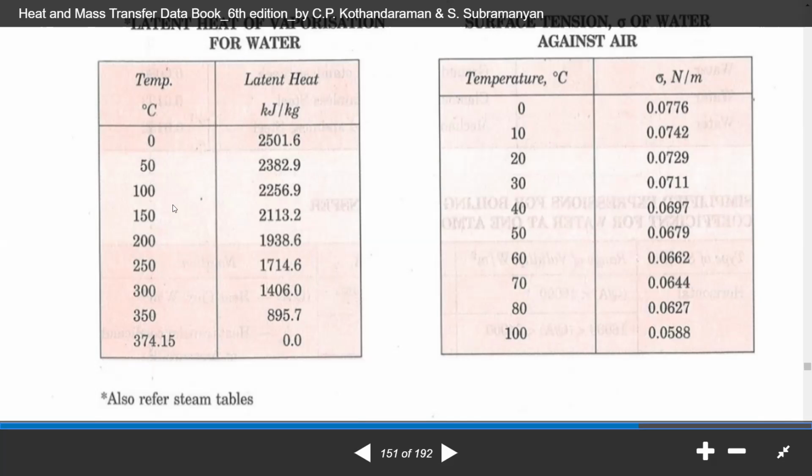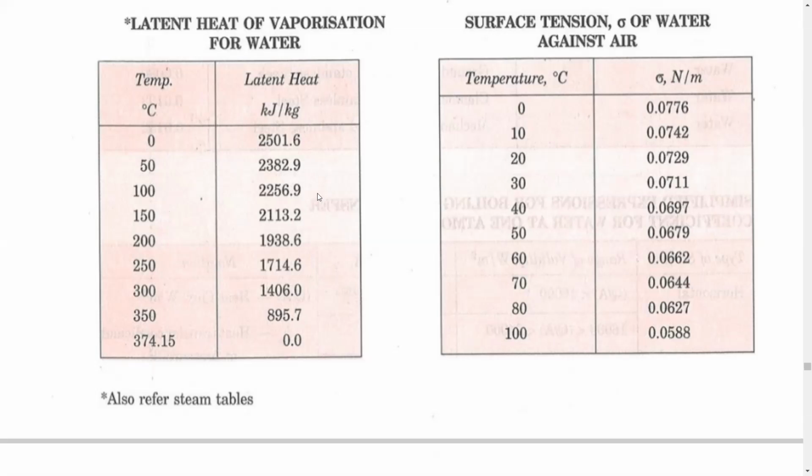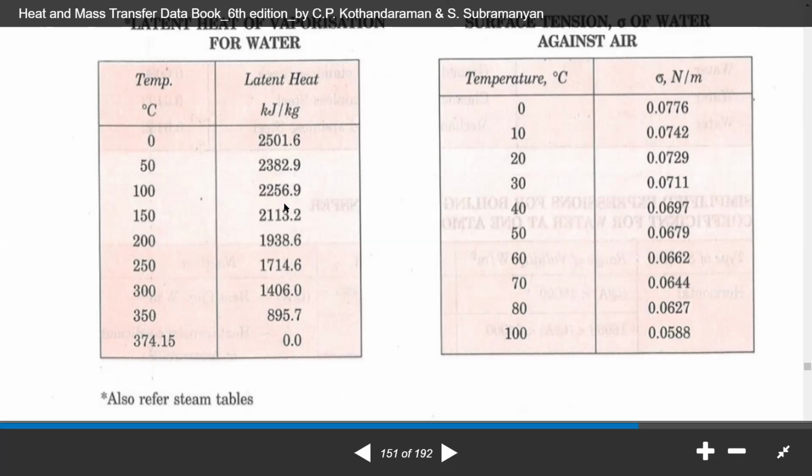Here the difference is 50 degrees centigrade. First, get the difference between the two values, keeping the calculator ready: 2256.9 minus 2113.2. You'll get the difference as 143.7.